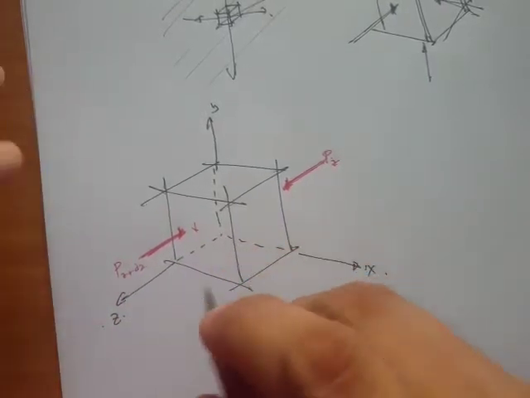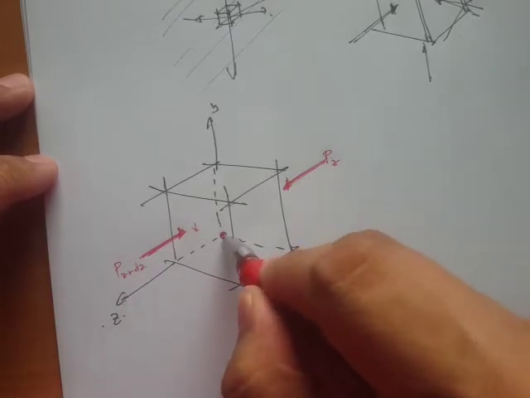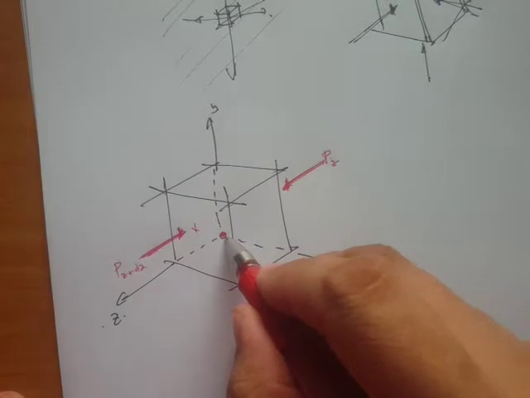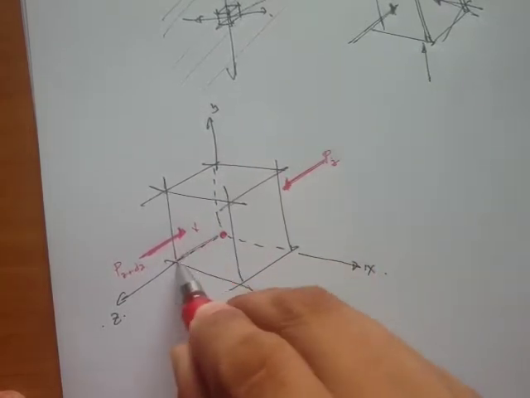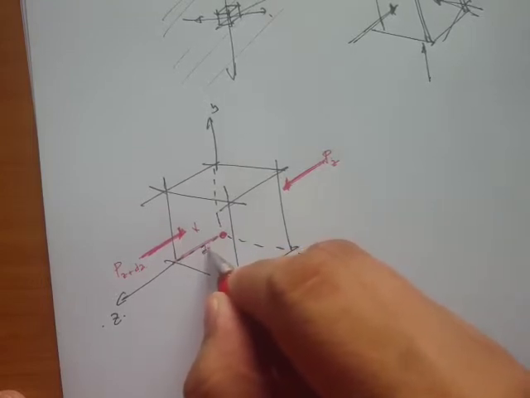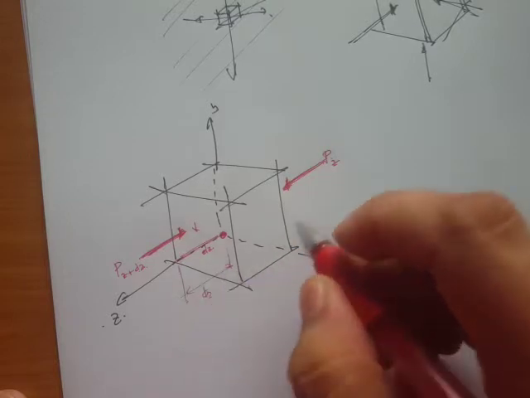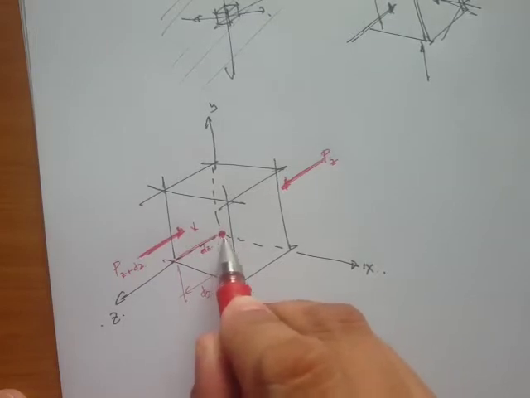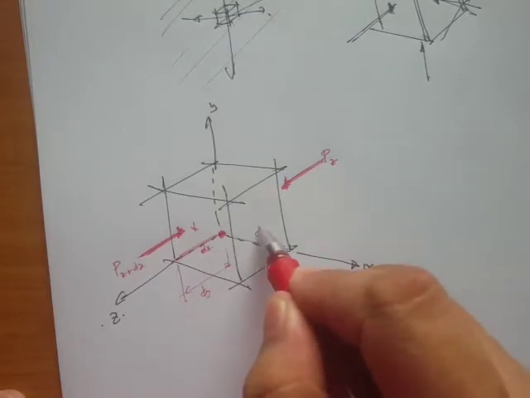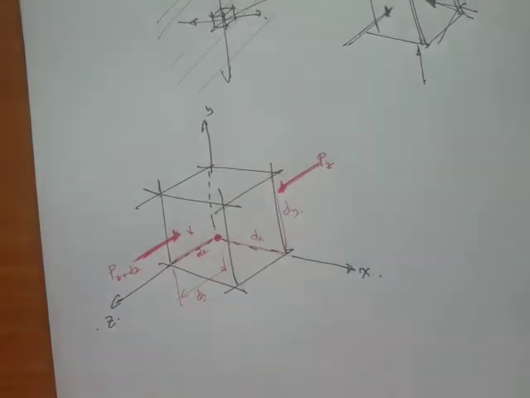Okay, so why is it dz or why is it z? Alright, so this is our zero point. Now from this point going here, the length of this cube is dz, and the length of this side from the origin up to here is dx, and this one would be dy. Okay, so that's a differential volume.